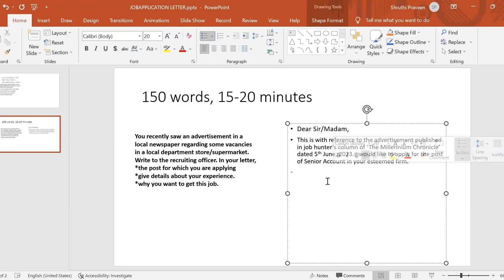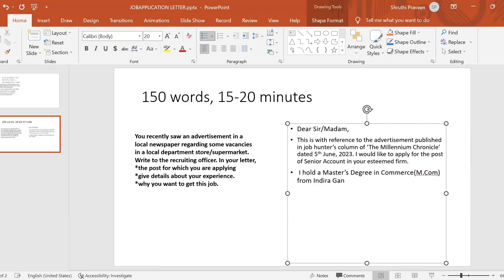So I'm going to mention that I hold a master's degree in commerce. You can write the expanded form and then in brackets the abbreviation MCom, and you can also mention which university you've taken this from, to add to the word count.